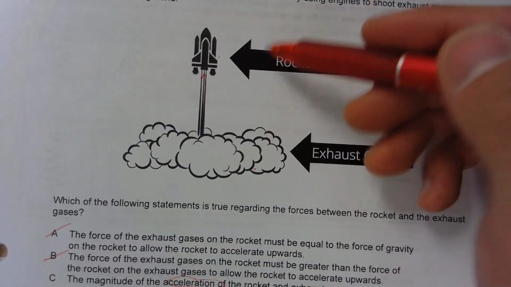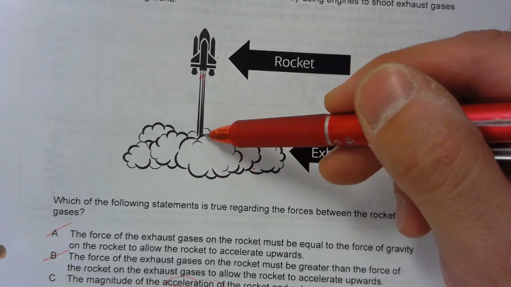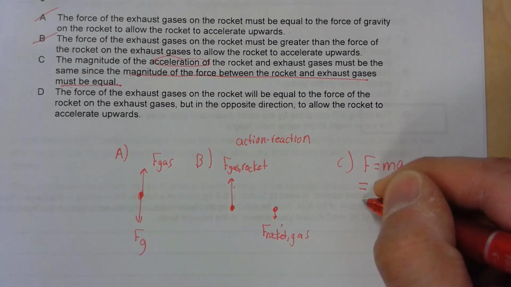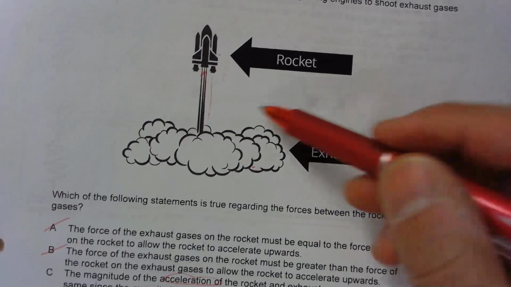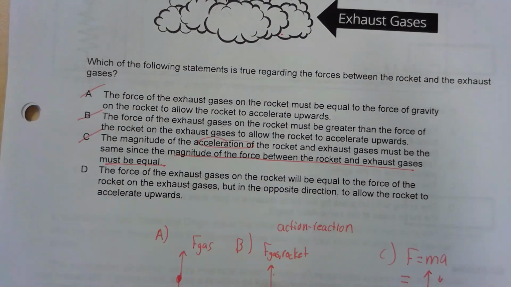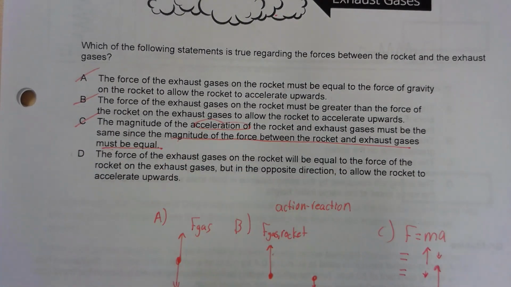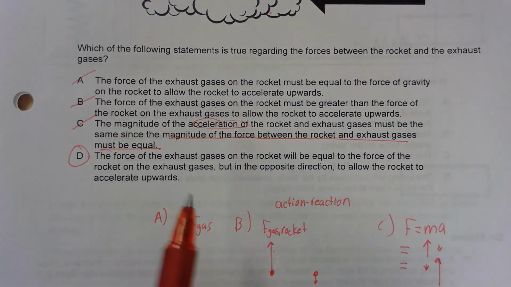That's why it takes rockets a little while to get up to the sky, right? They have to fire this for a long time, and then they just barely start to move, and then they go up. For the gas, though, the gas has a teeny tiny mass, the same force, therefore its acceleration is huge. That's why we see that fireball come out of the bottom. So C is out, even though it was close. The underlined part is correct, the circled part is wrong.